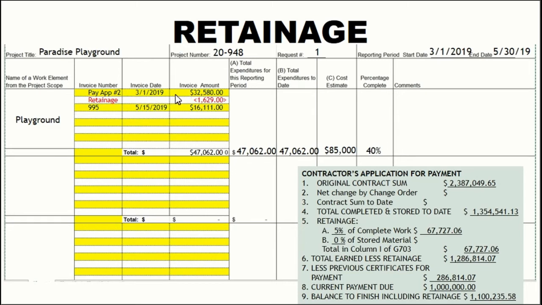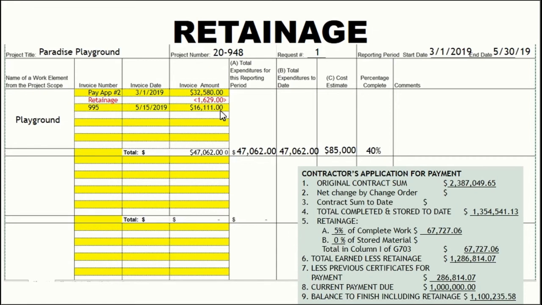And here we have expenditures for the playground as noted on the pay application. And we know, according to the first page of the AIA, that retainage is withheld at 5%. So you'll do a little math and withhold 5% of the expenditures for this period. So we'll deduct it here.